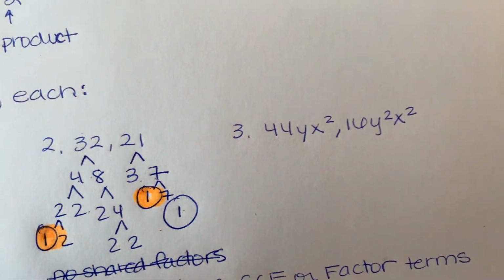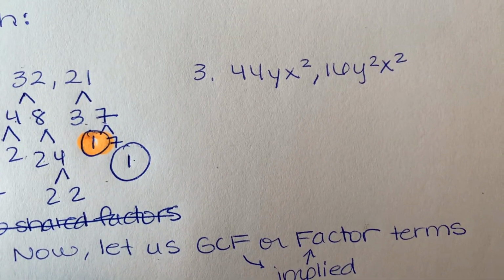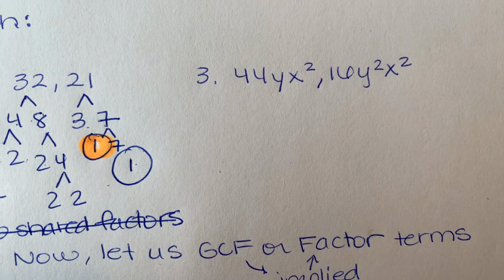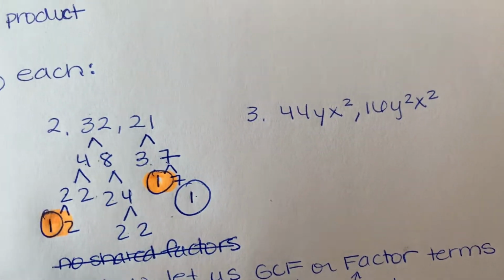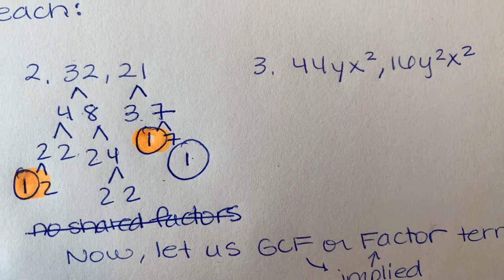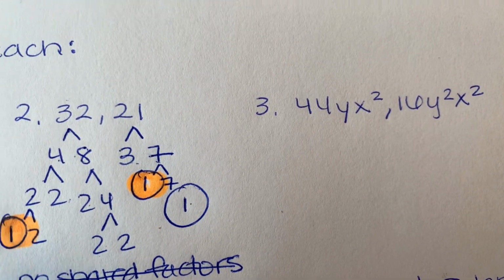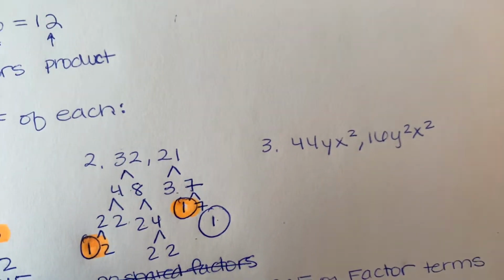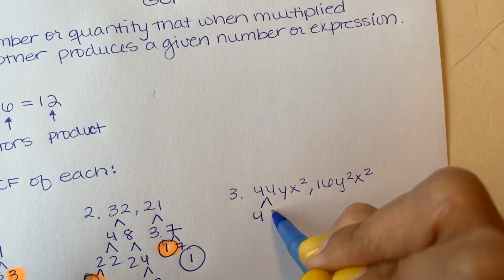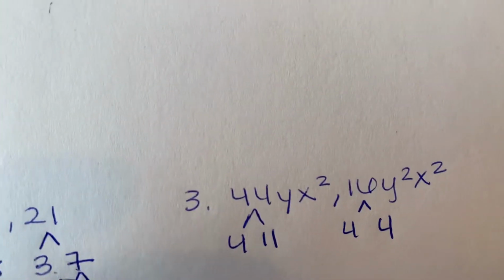Okay. Let's go to not just values, but now we have multiple bases and varied exponents. Let's do the 44 and the 16 first, and then we'll get to the variables, to the bases. So 44 is 4 and 11. 16 is 4 and 4.